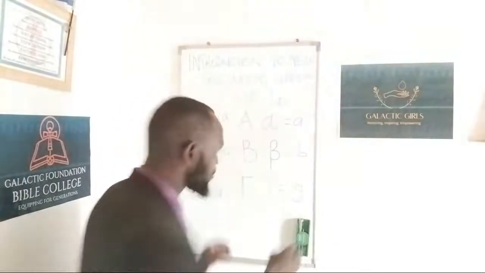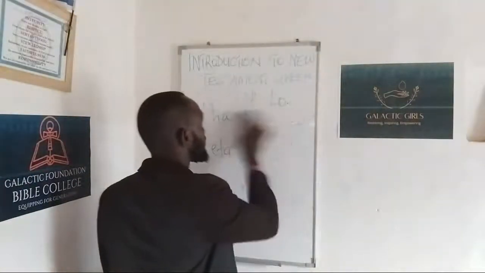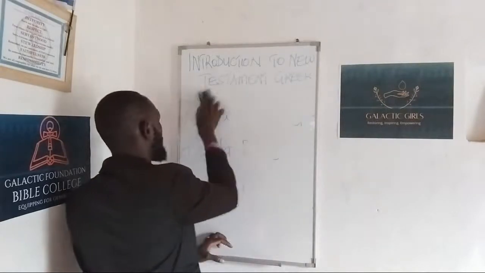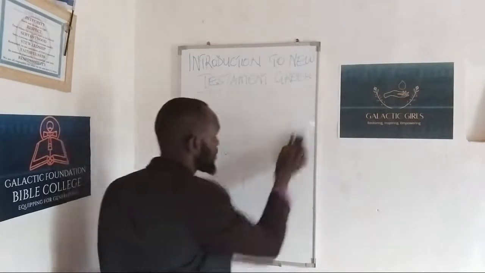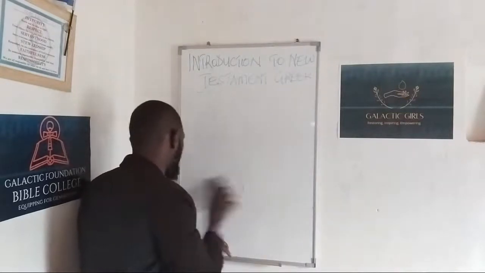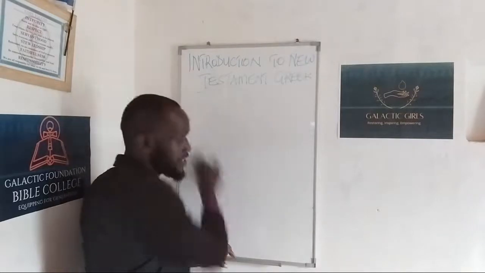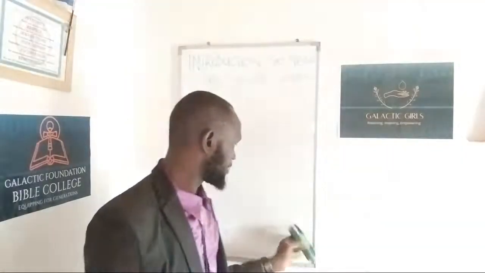So we will continue from there and erase this, and then we'll continue with the fourth letter of the alphabet, all right? So we've already done alpha, beta, and gamma, and so we get into the fourth letter of the alphabet.